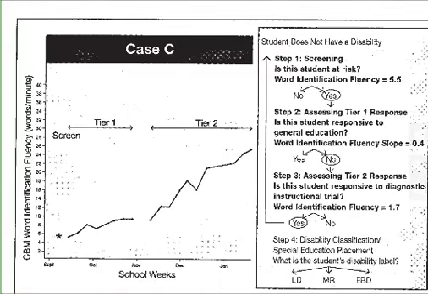Let's say, however, a student wasn't responding in Tier 1, and we monitor them in Tier 2. We give them more intense reading instruction, and they do respond. Then they might remain in Tier 2 for now and eventually return into the Tier 1 environment.